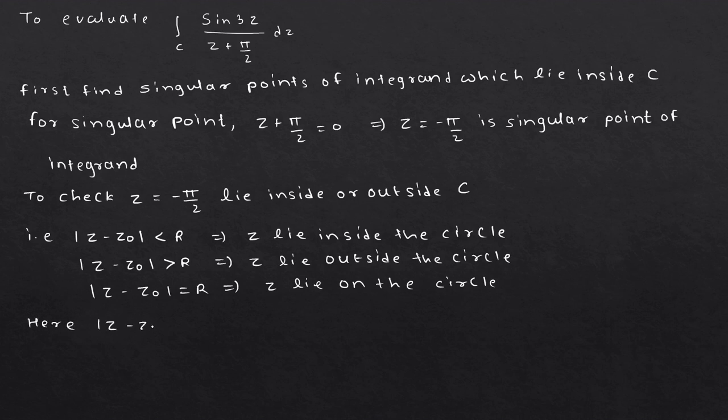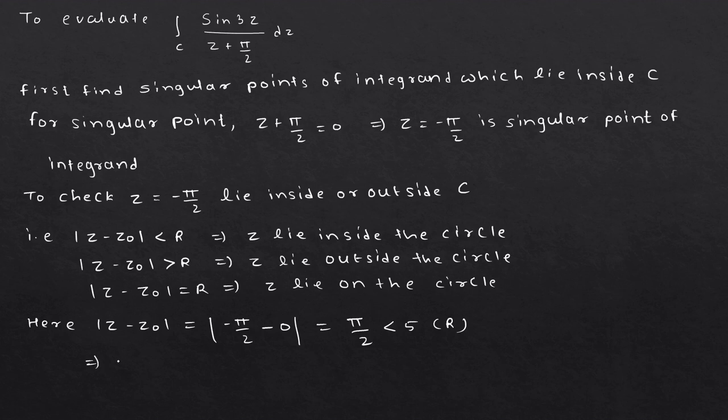Right. Now here, z is minus pi by 2 and z0 is the center, which is 0. So the modulus is pi by 2, and it is clearly less than 5, which is the radius r.